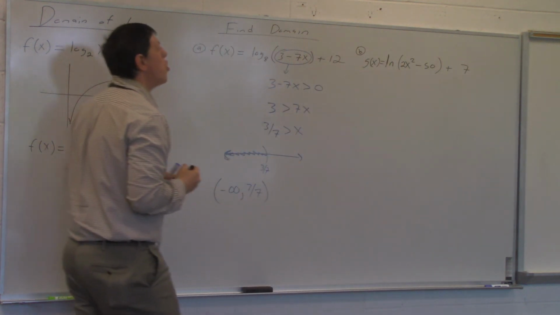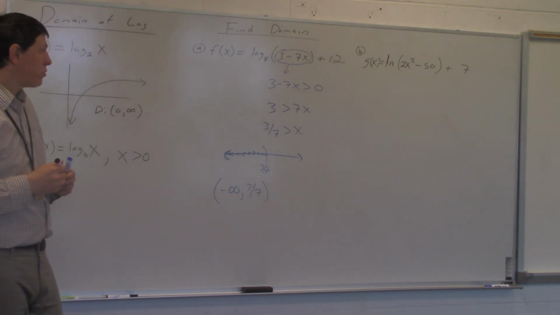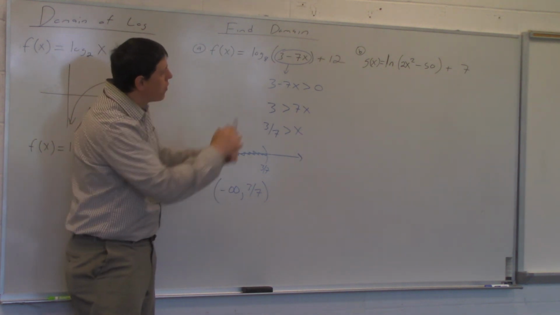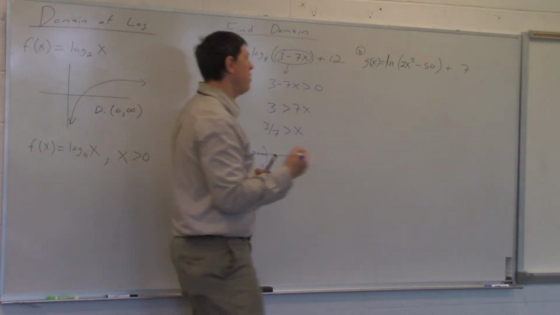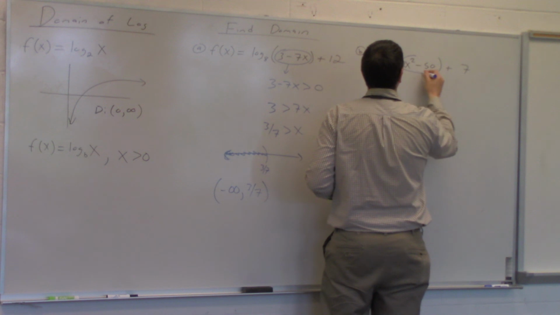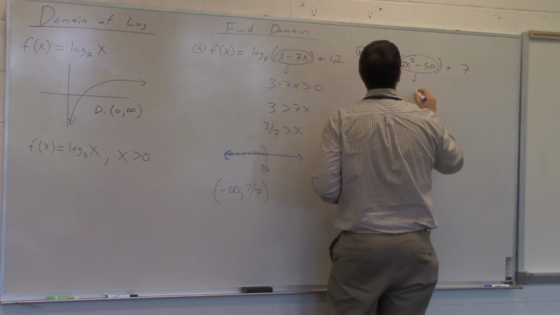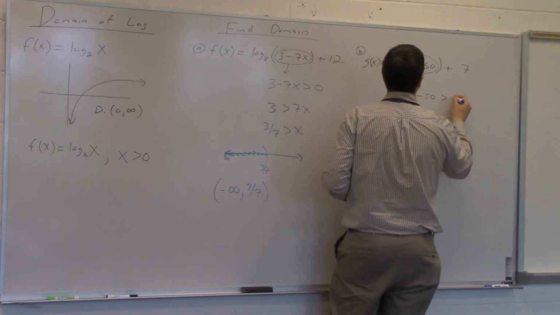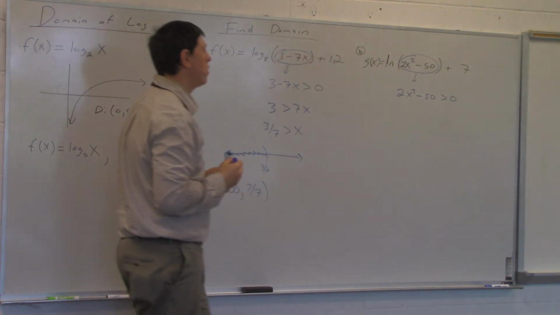And I want to find the domain of this function. Just like we did in the previous example, ignore all the stuff going around there. This is all we care about. So we care that 2x squared minus 50 is bigger than 0.